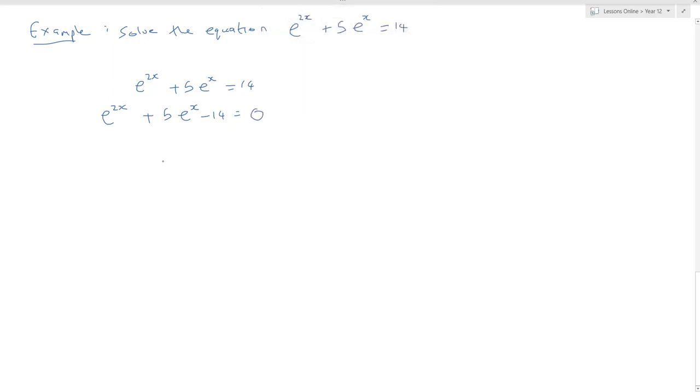Hopefully you would identify that as a quadratic equation. So you could say let y equals e to the power of x.